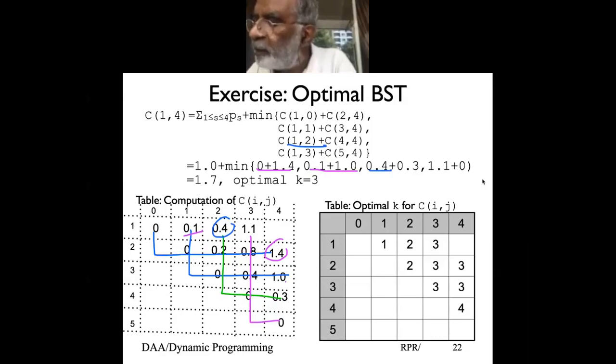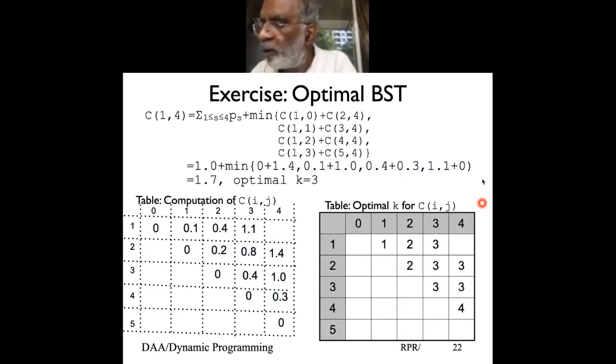C44 is 0.3, and then we get C13 is 1.1 and C54 is 0. So you get min of 1.4, 1.1, 0.7 and 1.1. So 0.7 happens to be the minimum. 0.7 plus 1.0, you basically get 1.7. So we get the value 1.7 here.